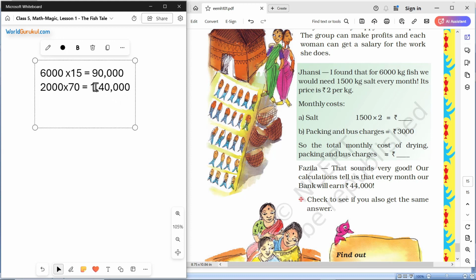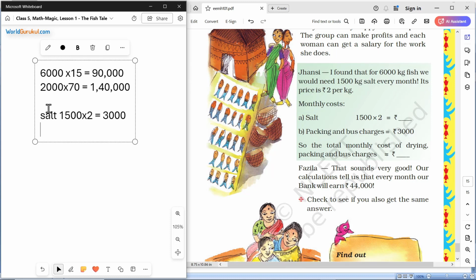This is monthly they get 1,40,000, but there's a cost involved, that is salt. They need salt. That is 1500 kg salt every month, which is costing around 2 rupees per kilo. So 1500 multiplied by 2 is 3000. This is one cost.